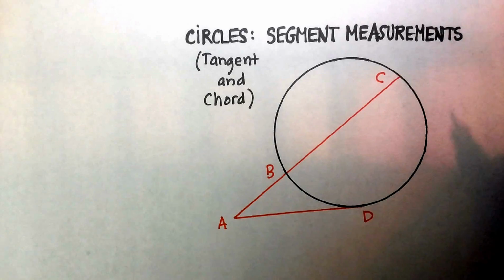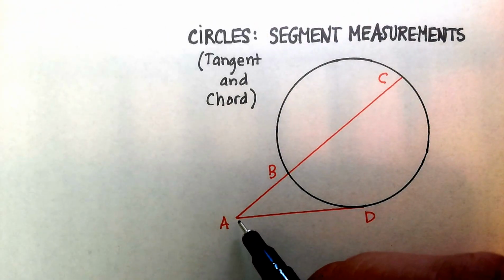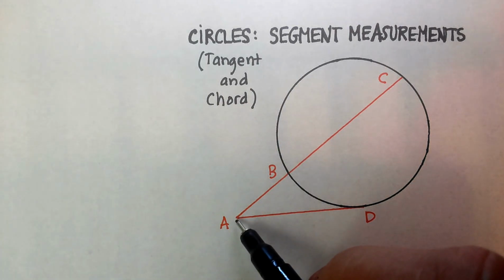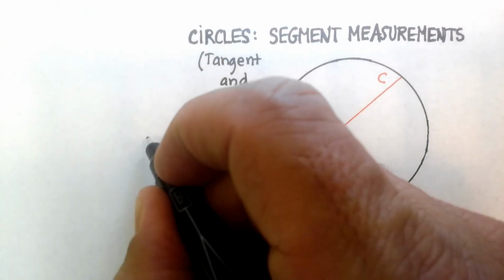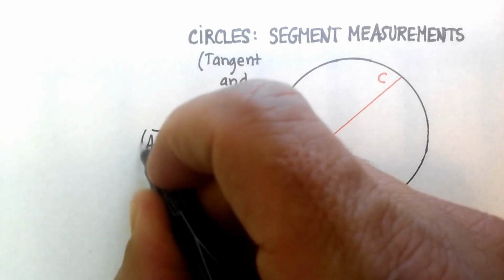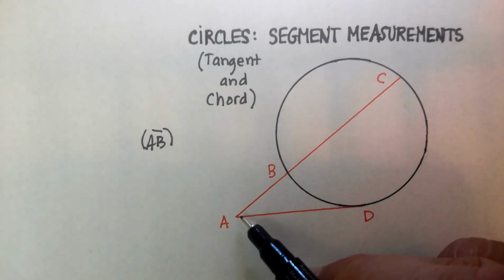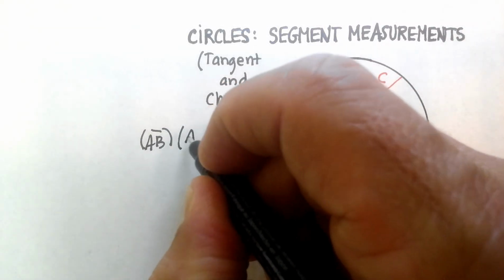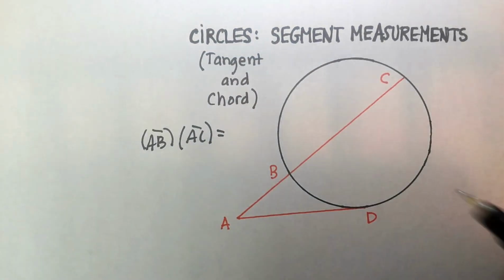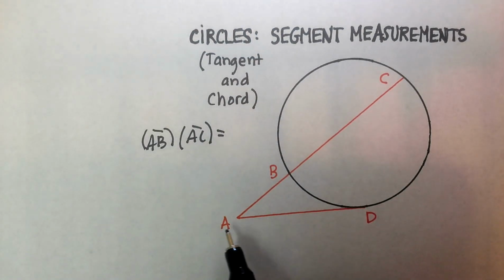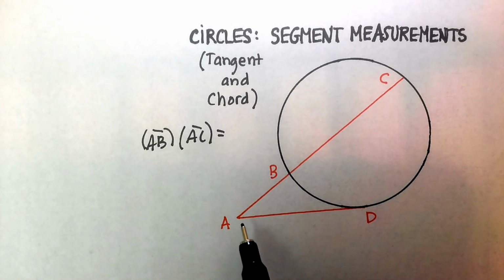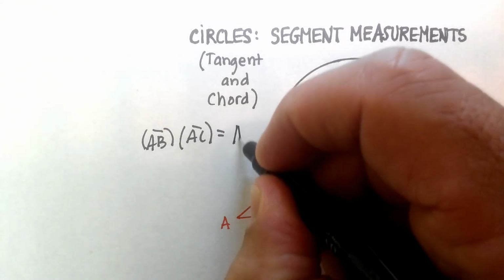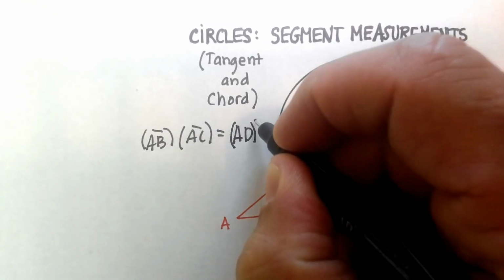Now, here's a theorem that you can use. If you were to multiply the segment AB, and remember this is an external point here, times the whole segment AC, that will be equal to, and this chord and this tangent intersect at point A, AD quantity squared.